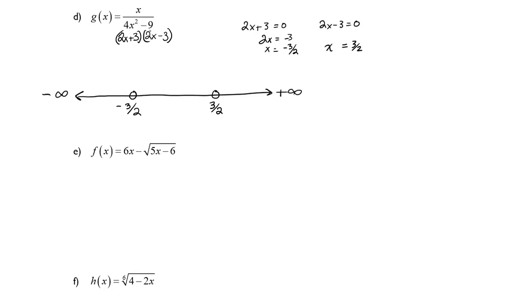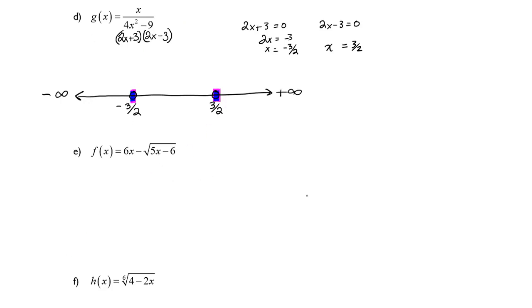Notice there are no even roots in the numerator or the denominator of this fraction, and so the only restrictions on my domain are where the function equals negative 3 halves and positive 3 halves, okay? So we will throw out just those exact values.